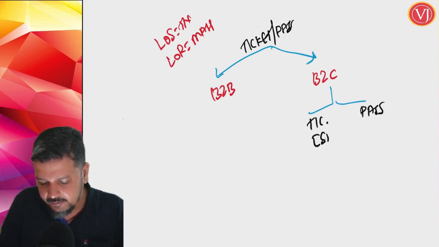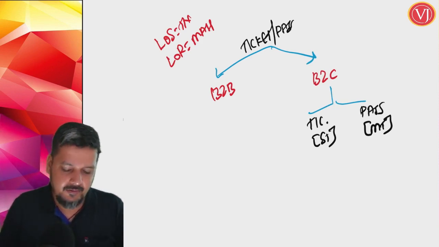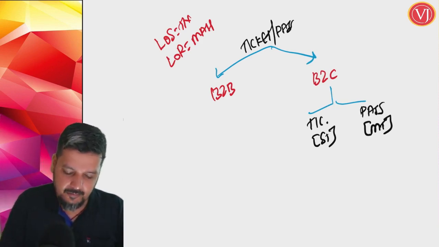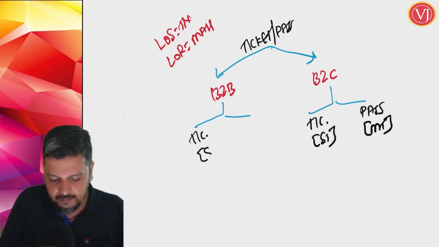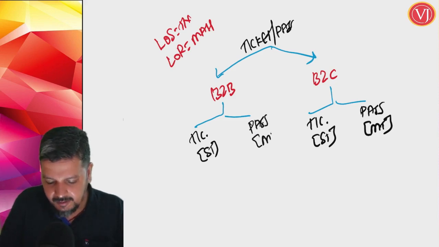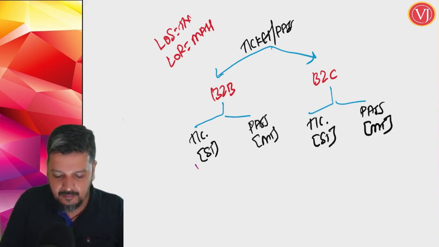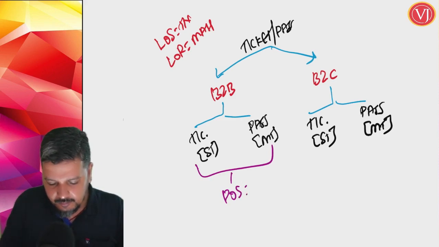Single travel, multiple travels. If it is B2B, whether it is a ticket, that is single travel, or a pass, that is multiple travel, no issues. Place of supply is location of recipient, which is Maharashtra. Correct?